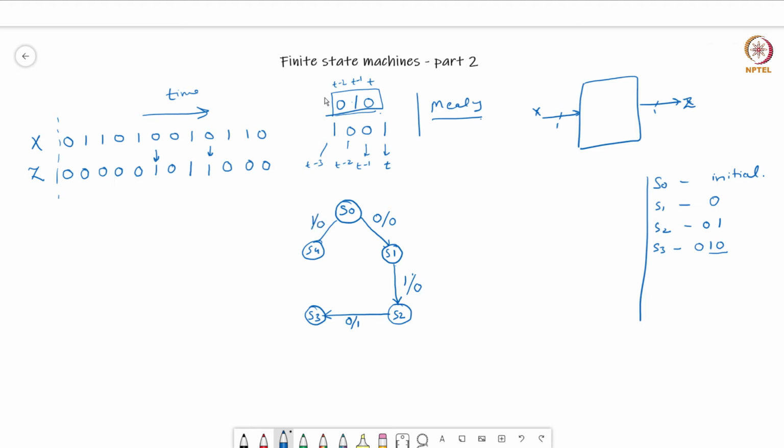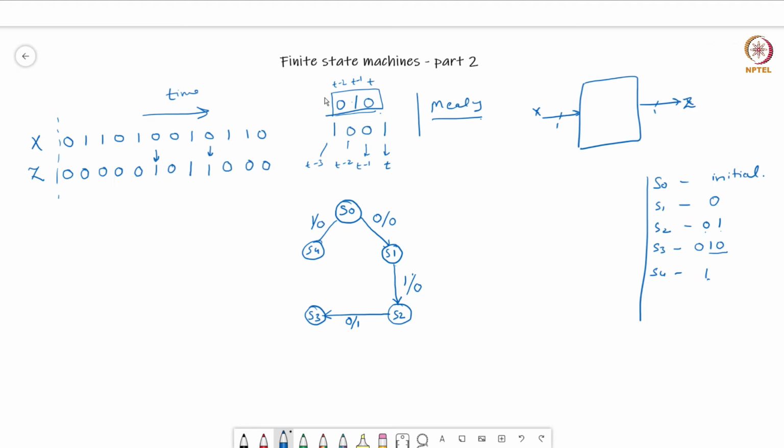This S4 essentially means that only 1 has been recognized. This one is different than this one because this one says that there is a 0 preceding this, but this one means that there is no 0 preceding it.